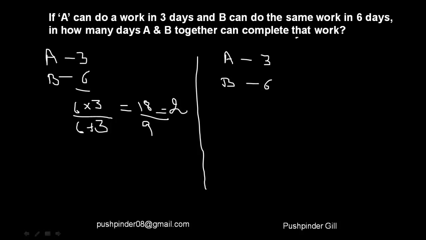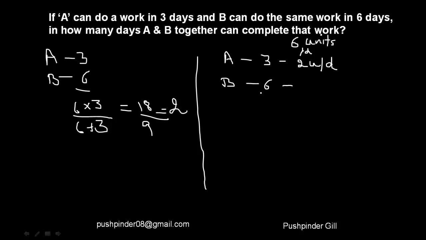Let me assume that the job is of 6 units. It can be anything. It's making 6 burgers, or it's walking 6 kilometers. So the job is of 6 units. Now if A finishes the job in 3 days, that means per day he will be finishing 2 units. So it is 2 units per day, right?